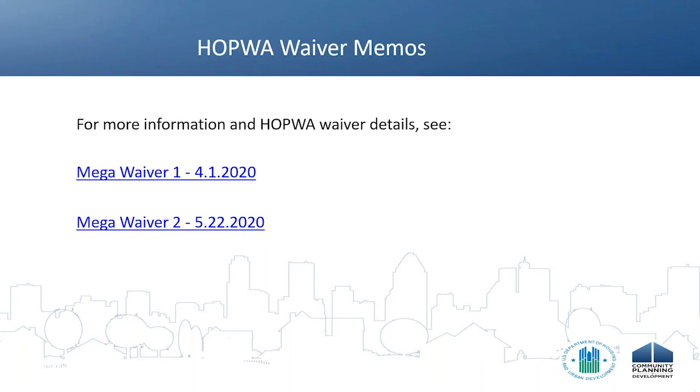And so the waiver is in effect for 1 year, beginning on the date of the memorandums, and it's available for grantees and project sponsors that are able to visually inspect the unit using technology and have written policies and procedures to reinspect the unit after health officials determine special measures to prevent the spread of COVID-19 are no longer necessary.